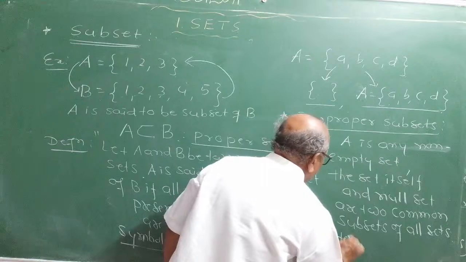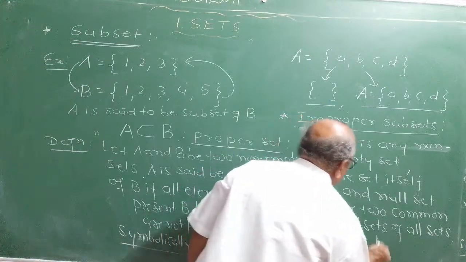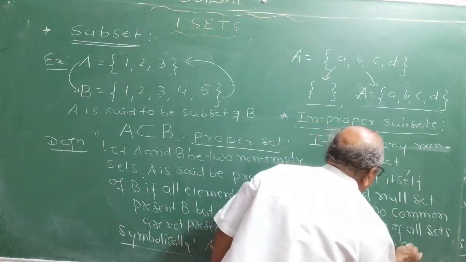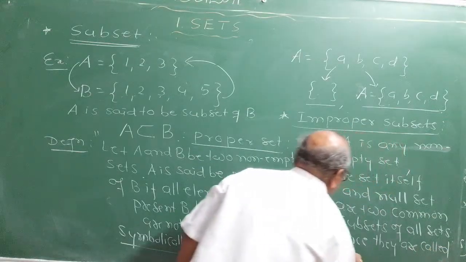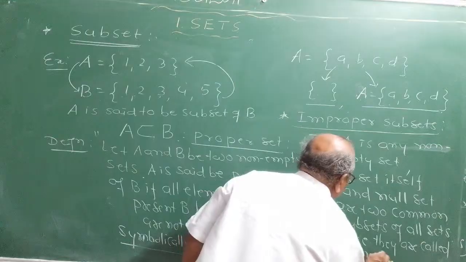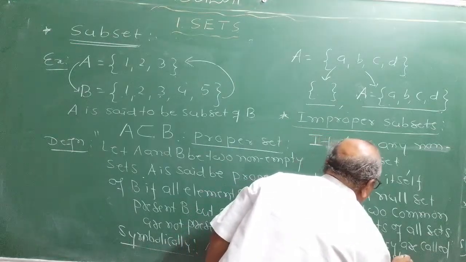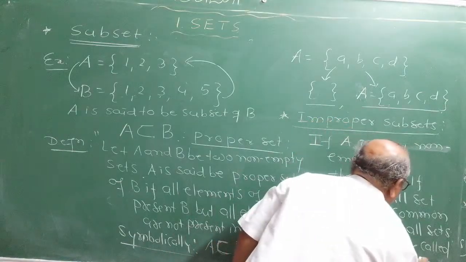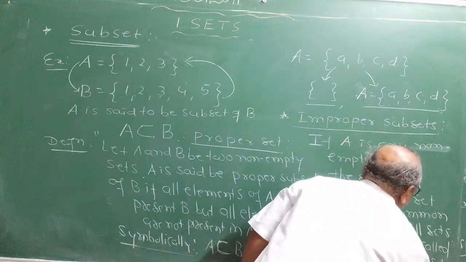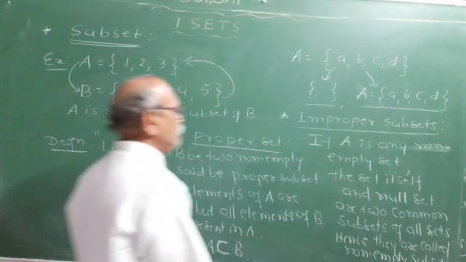Hence, they are called improper subsets. Very important. Note it down.